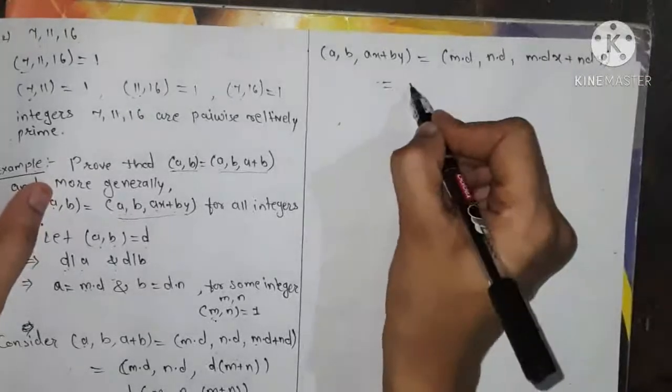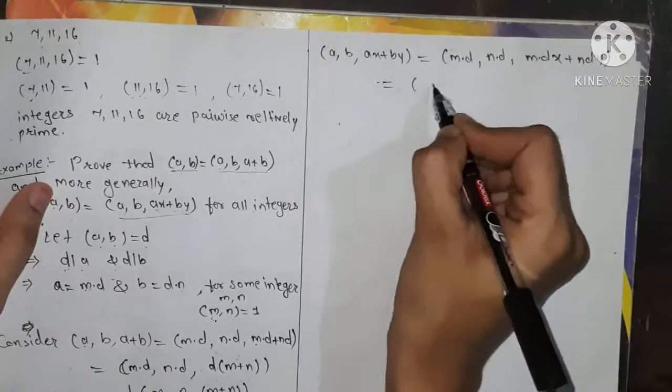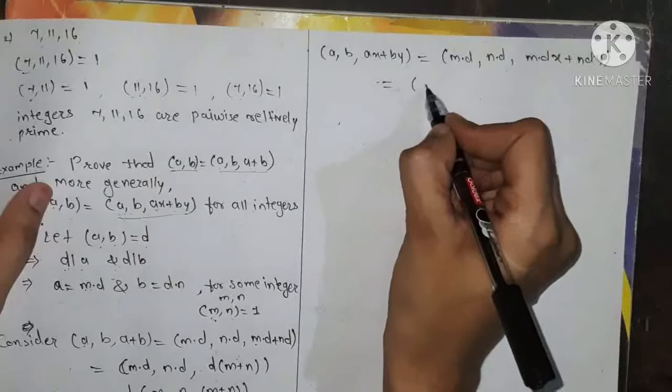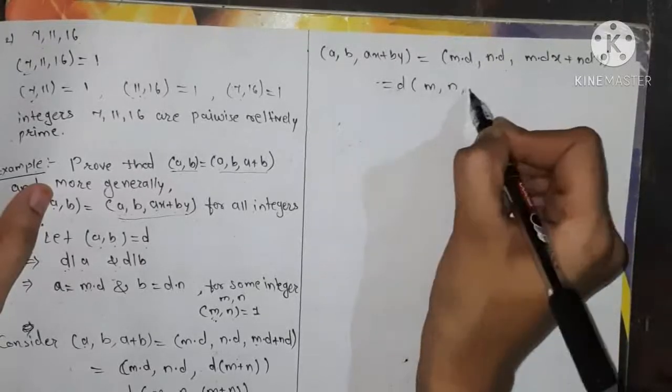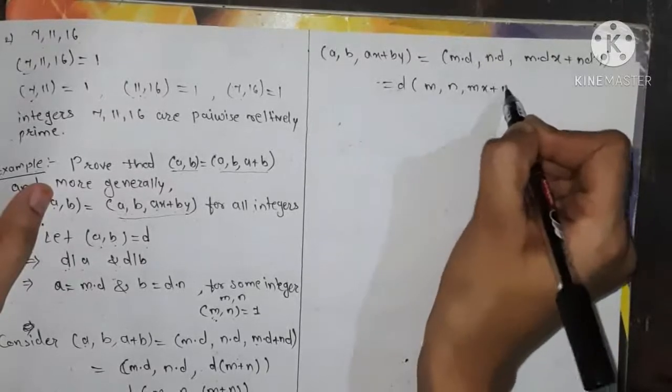Then d can be taken out common: d in bracket m, n, mx plus ny.